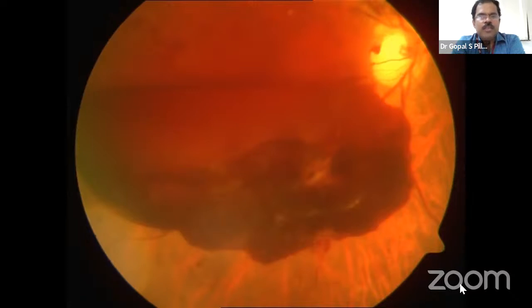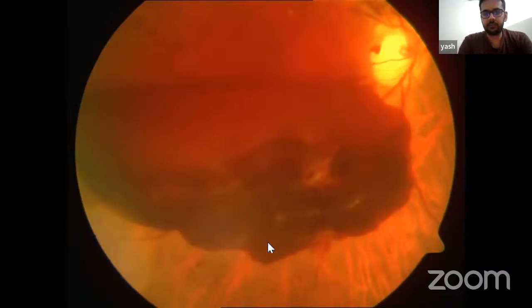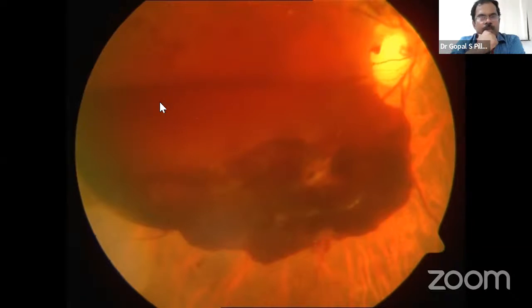The characteristic feature is the boat-shaped inferior margin of the retrohyaloid hemorrhage. Why would there be a boat shape? Because of gravity, the most dependent point would be inferiorly. That's why this boat shape. So the hyaloid is not cleaved much in diabetic retinopathy.